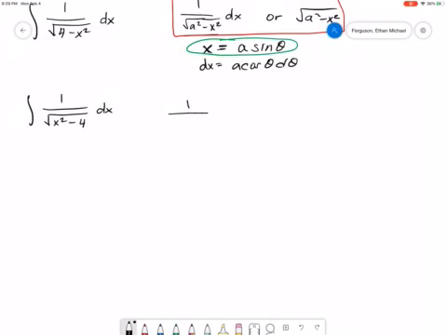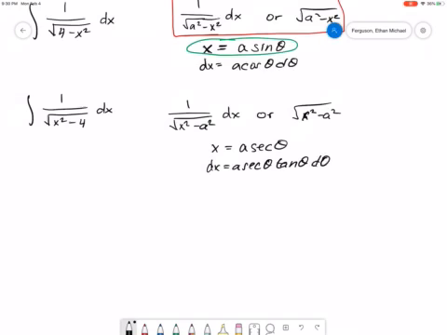So if you see the form of 1 over the square root of x squared minus a squared dx, or even if you just see the square root of x squared minus a squared, you will substitute x is equal to a secant theta. And then you'll find dx, which would be equal to a secant theta tan theta d theta.